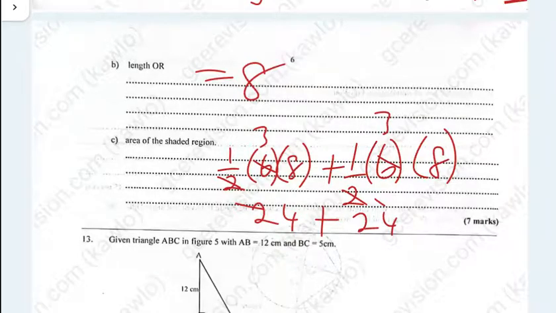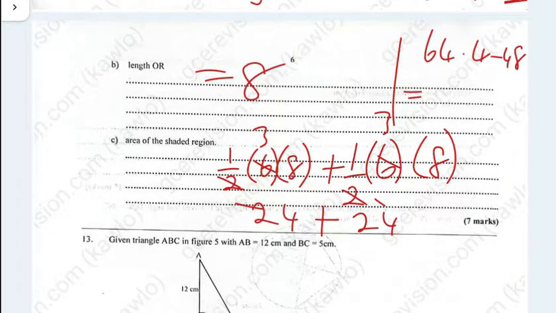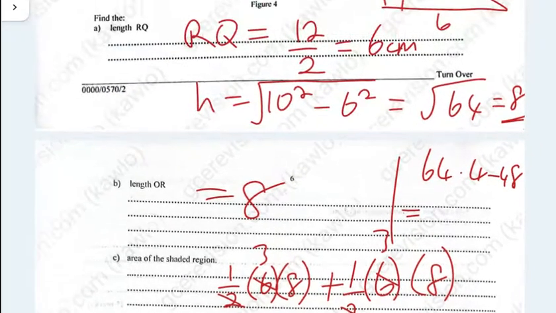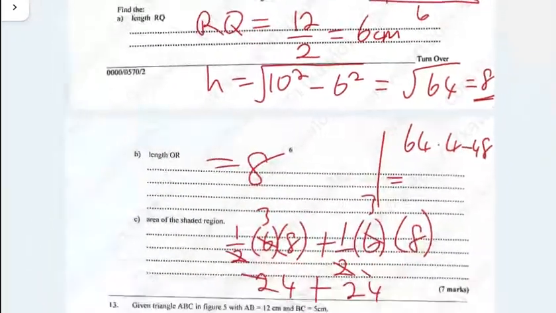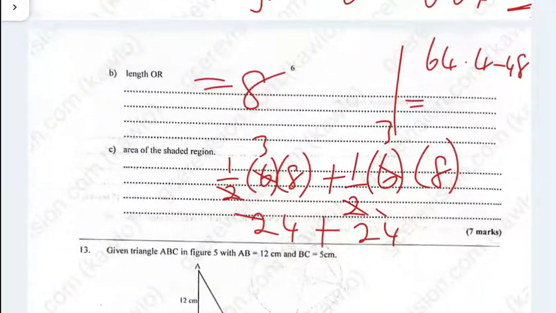So 24 plus 24 is 48, right? So we have 48. So 64.4 minus 48. 64.4, that's what we're given, minus 48. Whatever it gives us, that's going to be the answer of what we have here. Okay?